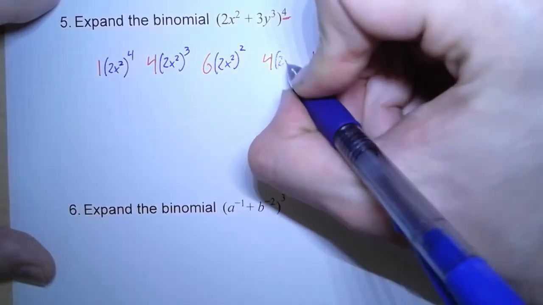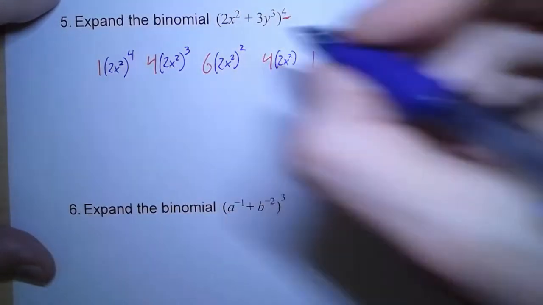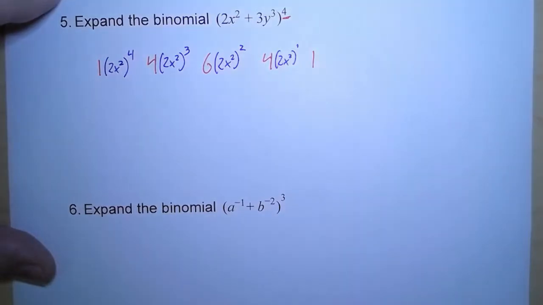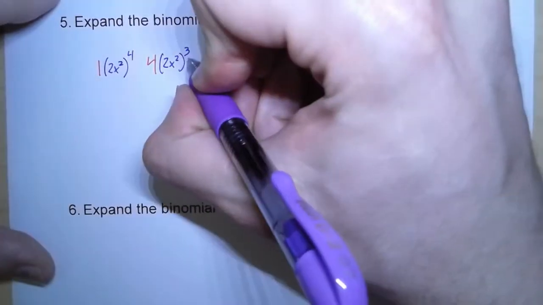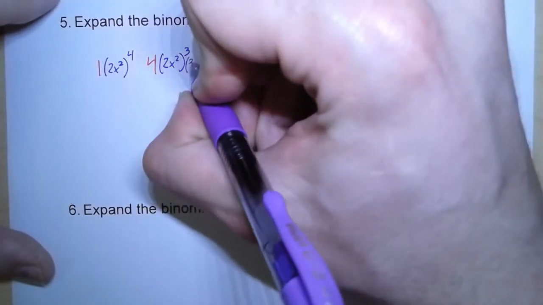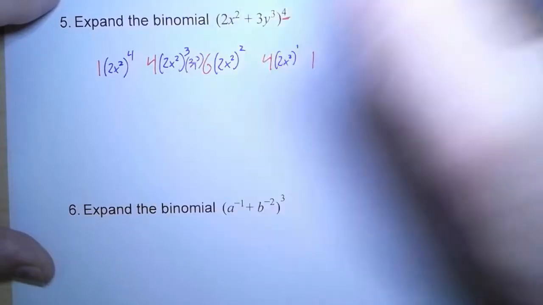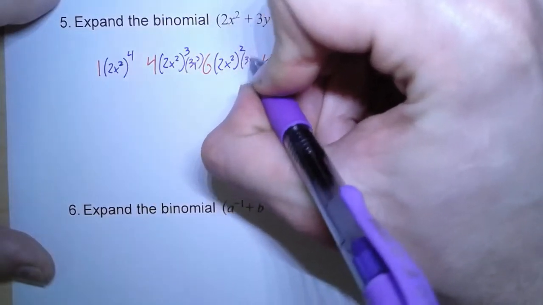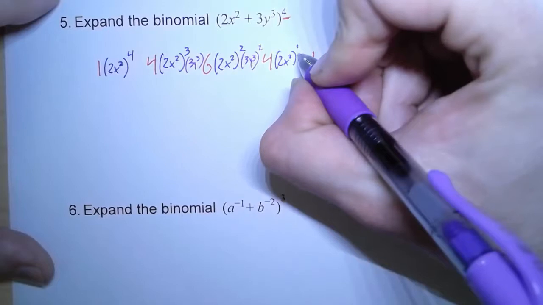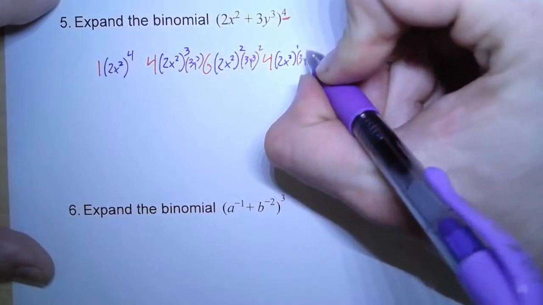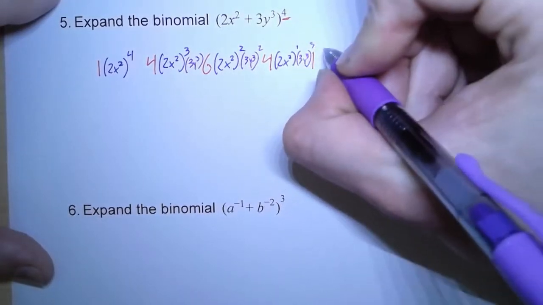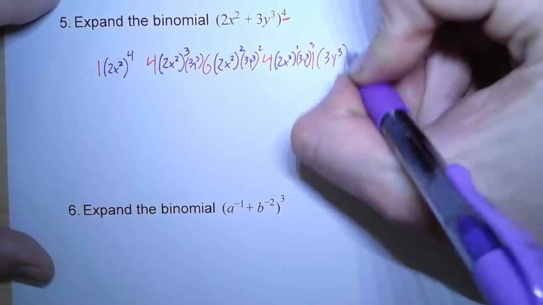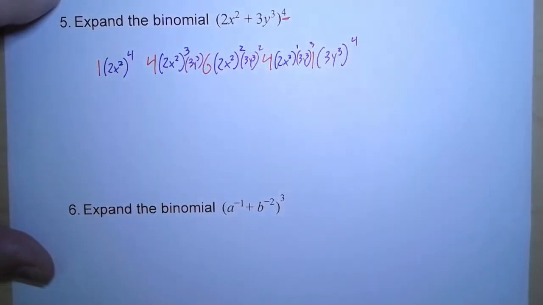And then 2x squared, that quantity is raised to the first. Then we multiply that by 3y cubed. And then 3y cubed squared, 3y cubed cubed, and then finally 3y cubed to the fourth.